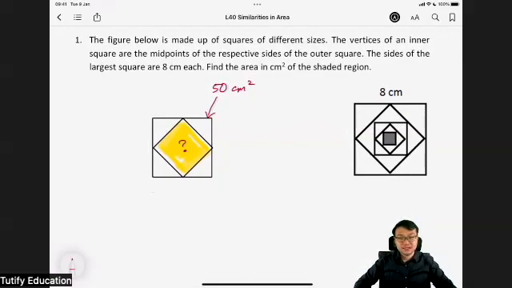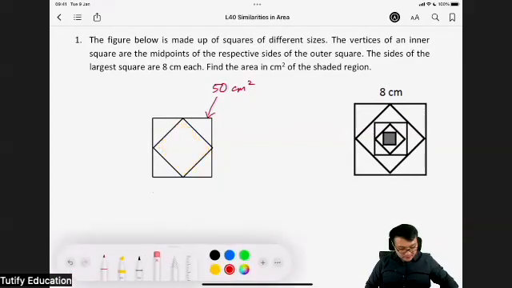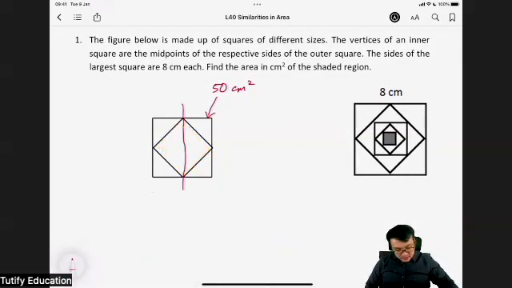Half. Very good. It is half because if I draw a line here and I draw a line here, how many triangles do you see altogether? 8. 8 triangles. What about inside here?